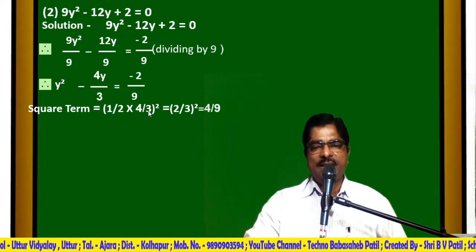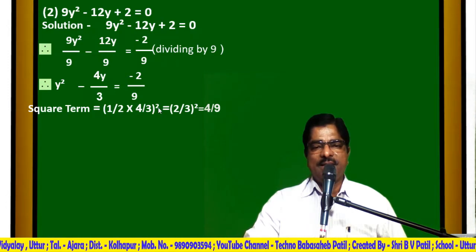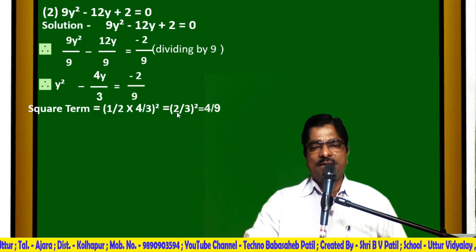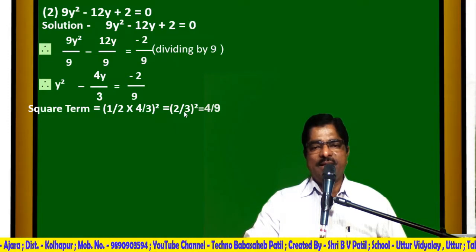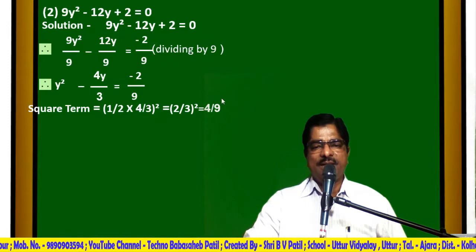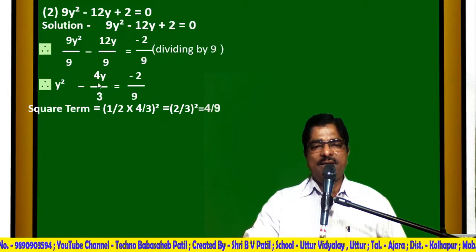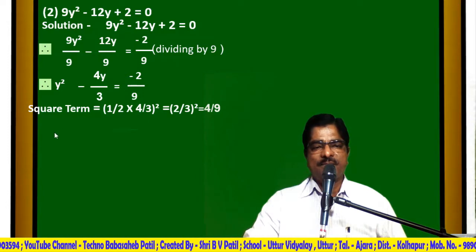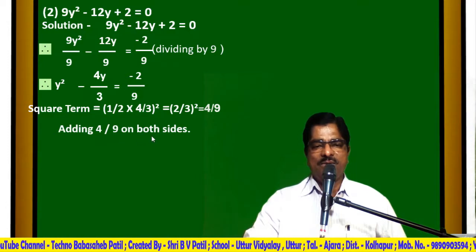Here we get 2 divided by 3, squared. Then 2 square is 4 divided by 3 square is 9, and that 4 upon 9 is added on both sides.